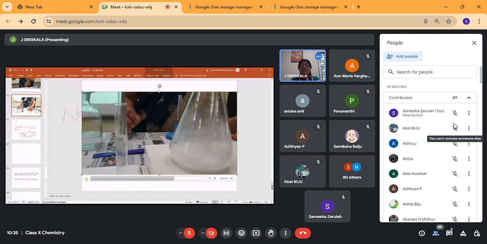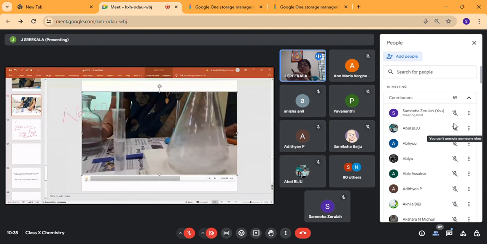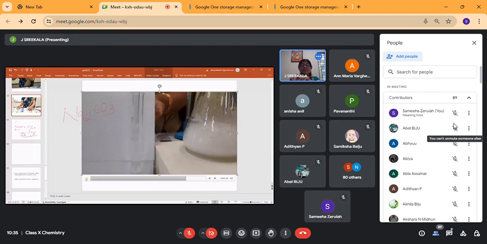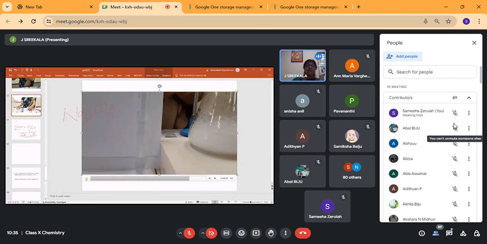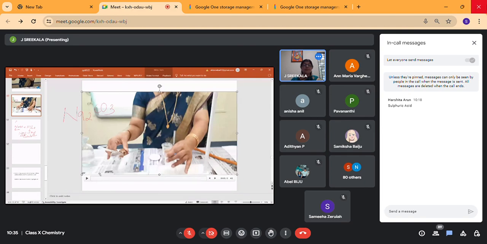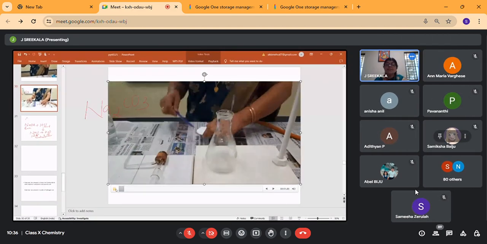It is coming and getting dissolved in that solution. Once again, in the conical flask, what is taken?